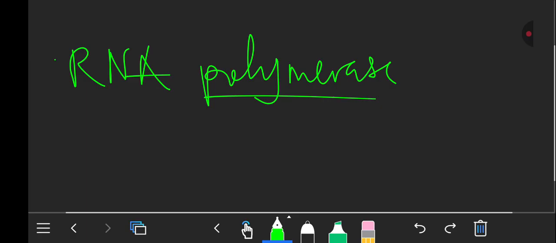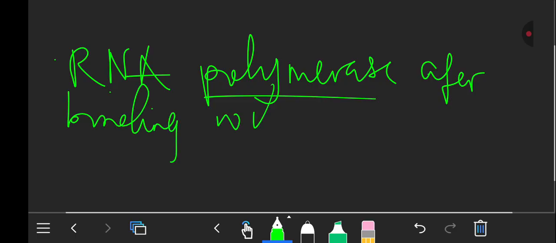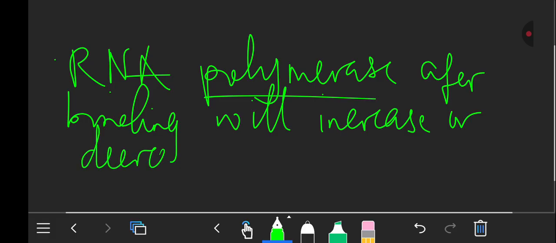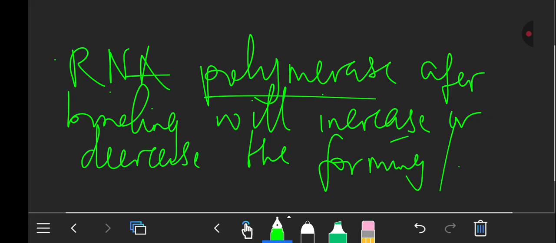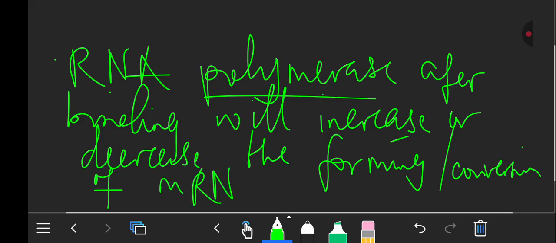So this RNA polymerase, after binding, will either increase or decrease the formation, or should I say the conversion, of mRNA, which is the messenger RNA. So this is what we need to understand.